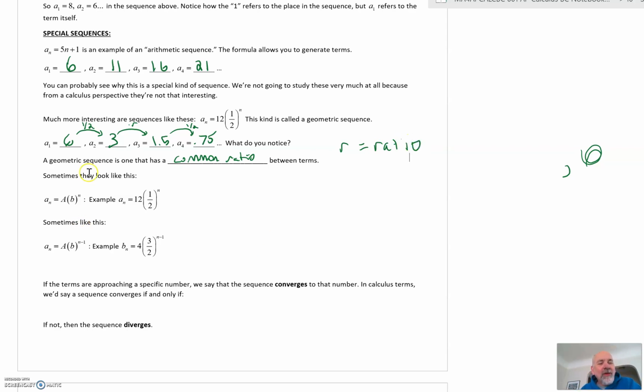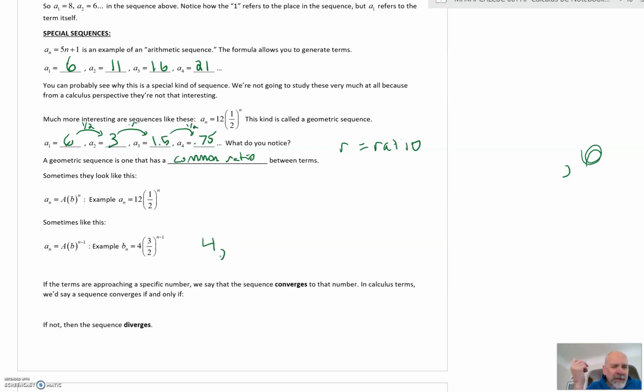Okay, so sometimes you'll see a geometric sequence look like this, and so the example we just had was a geometric sequence, but sometimes it can also look like this, where the exponent is n minus 1. That's okay. What's important isn't the formula, it's the common ratio. So the formula could look really weird, but as long as there's the common ratio, it's okay. In this case, if I plug n equals 1 into this one, the first term I'd get is 4, because I'd have an exponent of 0.